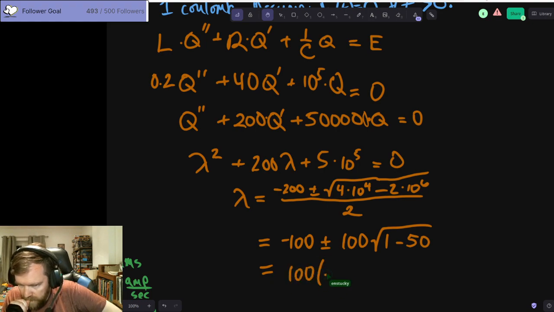That will be 7i. Yes, so negative 100 plus, I guess, minus 1 plus minus 7i. Yeah, I agree. Which means that we have complex solutions. So you have an e and a cosine.